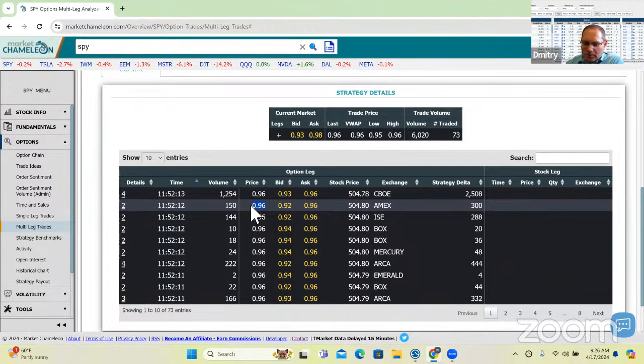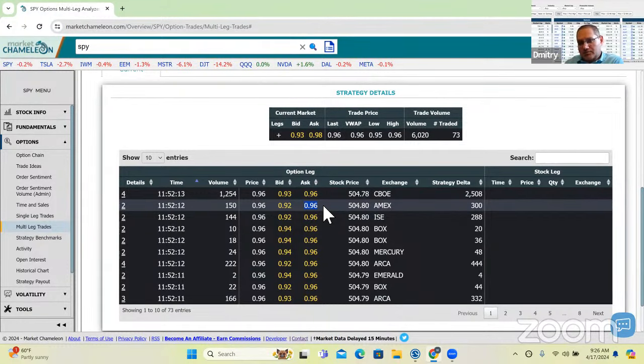So here we're comparing where the transaction took place, at what price, versus where the market was displayed at that time. We see this one traded at 96 cents. The bid was 92 cents at the time. The ask price was 96. So what's the inference?